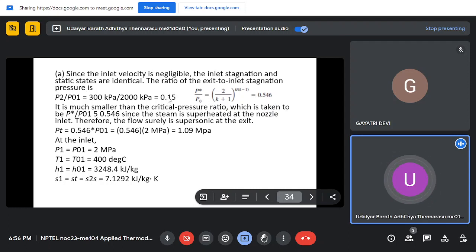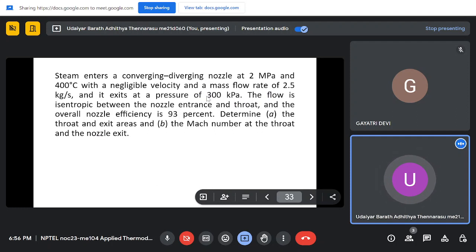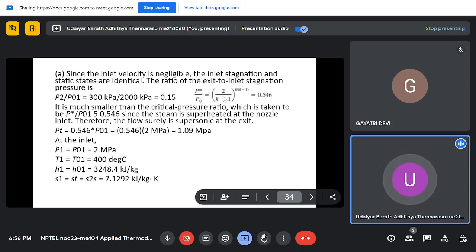The pressure ratio in this converging diverging nozzle, from 2 megapascal to 300 kilopascal, is 0.15, which is less than 0.546. What the critical pressure ratio says is, if you go to a pressure ratio of 0.546, it will reach Mach number 1. So in this case you will have a supersonic exit, because this is less than the critical pressure ratio.